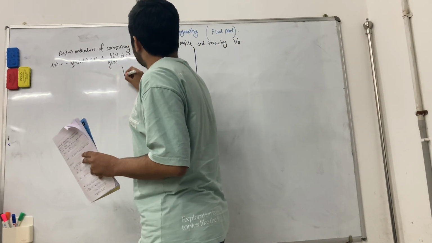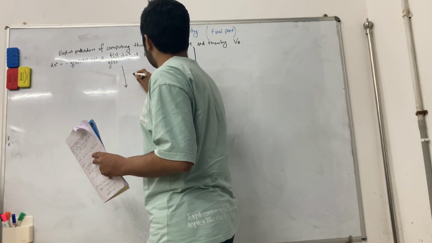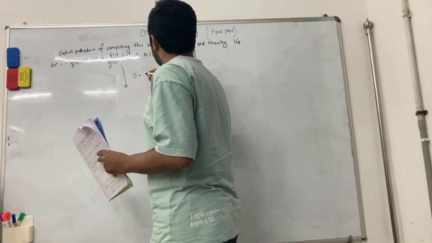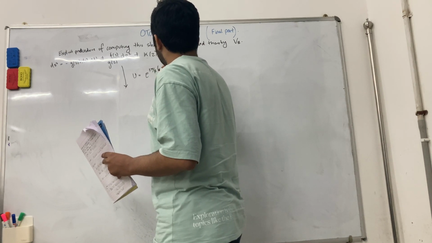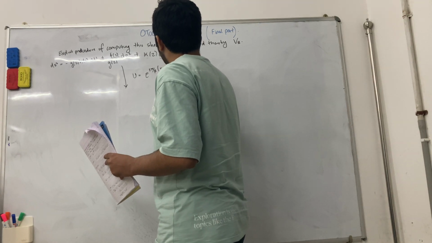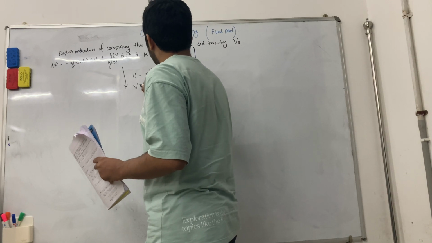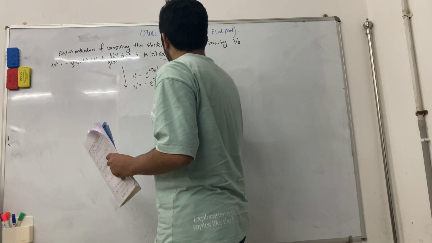So to this metric, I can do my Kruskal coordinate transformation, which is U equal to e to the power 2 pi by beta (r star minus t), and V is going to be minus e to the power 2 pi by beta (r star plus t).